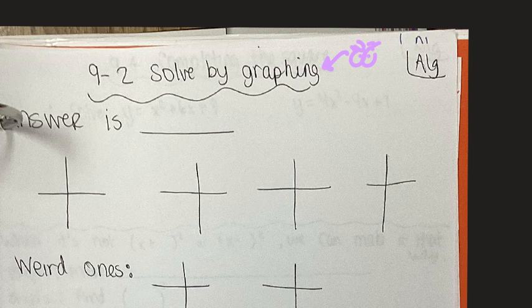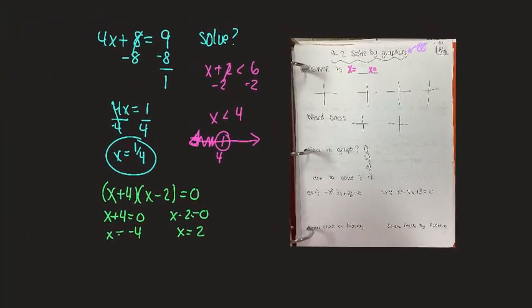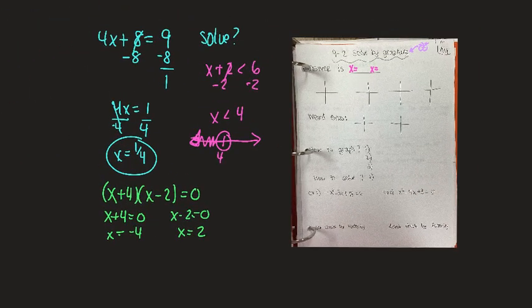So if you don't follow directions and you don't solve by graphing, then ruh-roh, not good. All right, when we solve, we're going to get x equals a number. We might even get x equals two numbers, just like over here. In the blue, we had one number. In the green, we had two numbers.